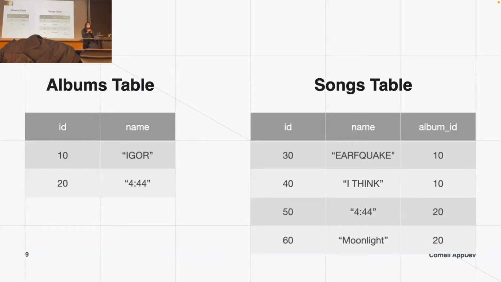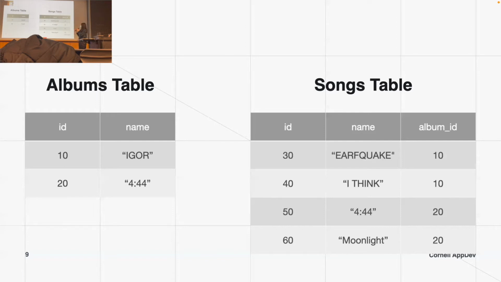Next, for one-to-many, this one is different from one-to-one in that you can have multiple rows associated with, let's say, an album. In this case, multiple songs can be associated with one album. So the foreign key in your songs table is no longer unique.